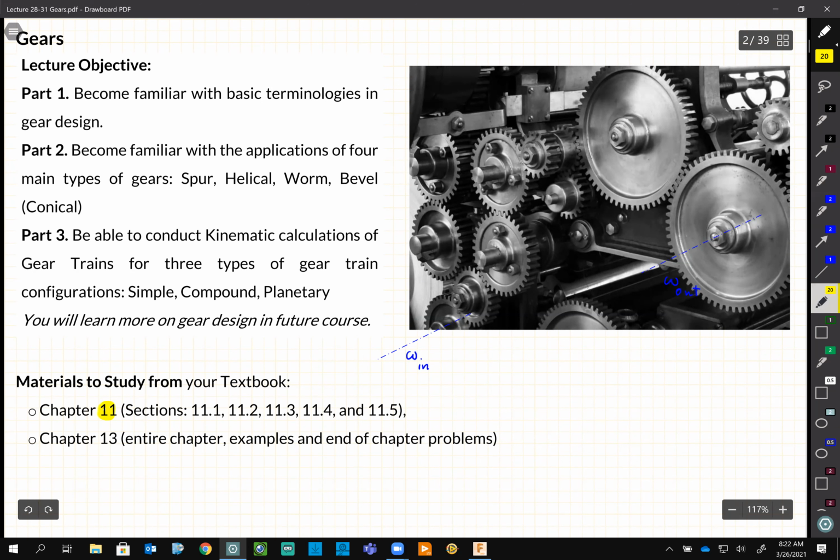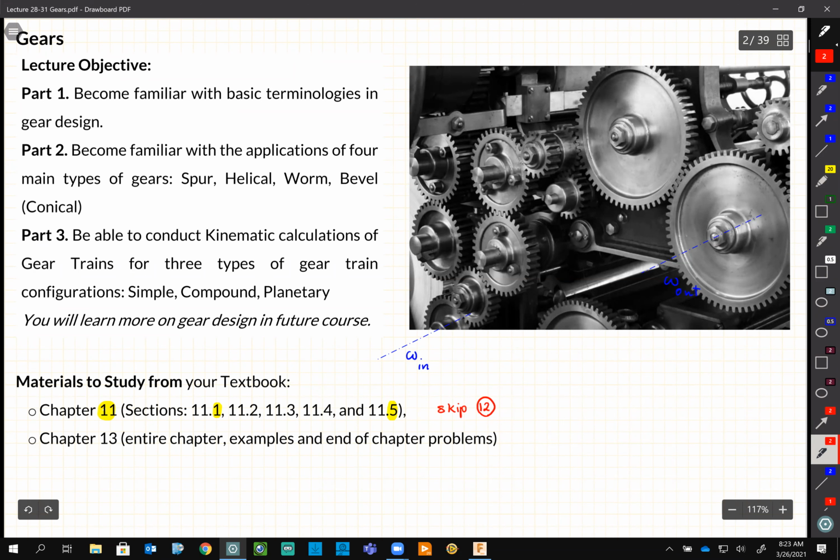If you have time to study the whole thing, that would be great, but it's essential to go through sections 1 to 5, all of that. Skip chapter 12, unless again you have time. Skip 12, or maybe in summer you can study it.